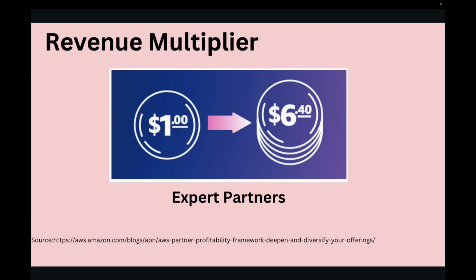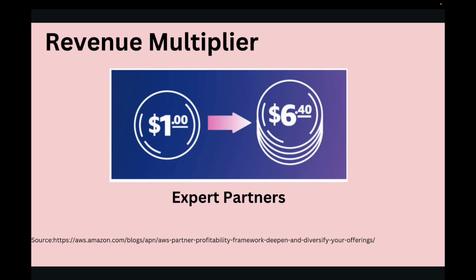So let's dive in. This is taken from the website, and the source is there. If you Google AWS Partner Profitability Framework, you'll get the link. Basically, what they are saying is it's called a revenue multiplier. For every $1 that AWS makes, expert category partners are making $6.40.